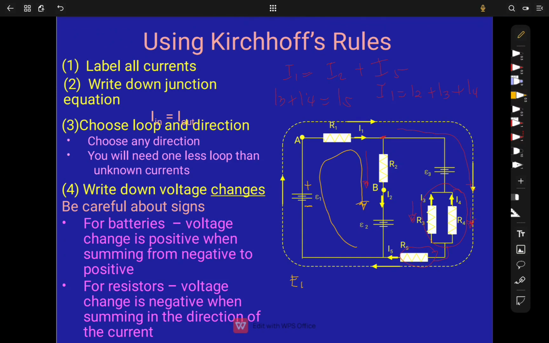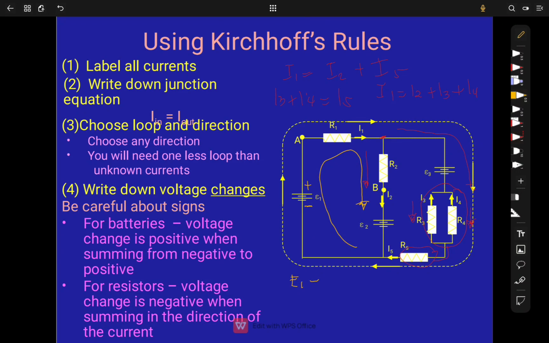And then, kapag daw po, yung ating resistor, change is negative when summing the direction of the current. Diba sabi natin, kapag alam natin na yung R1, yung mga resistors natin is merong mga voltage drops, right? Therefore, pag yung ating looping is the same way nung ating dadaanang resistor, yung current flow natin doon, so magiging minus yung convention natin.